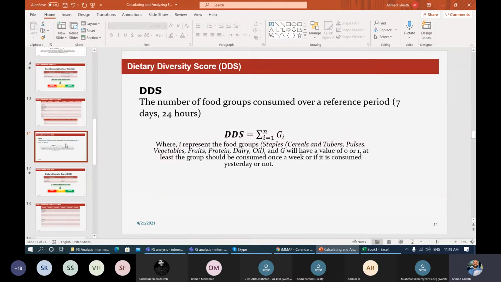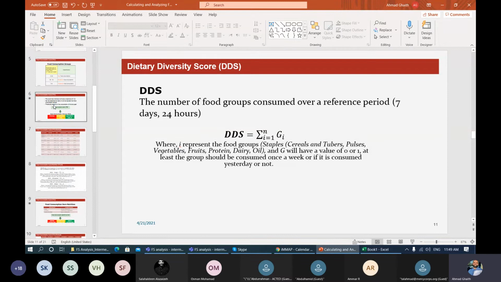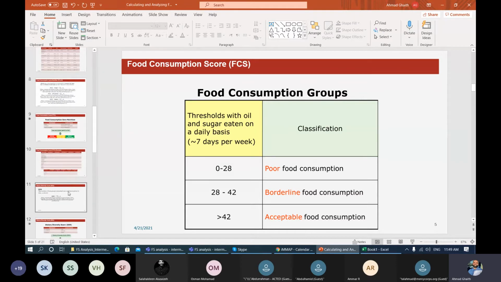to generate another score that is really about the diversity of what you're eating. Because as I said before, one of the things that food consumption score does not show is whether you're consuming a variety of food. You can actually meet certain cutoffs in the food consumption score with a diet that is essentially starch, some pulses, maybe a vegetable here and there, and oil and fat, and you'll be fine.